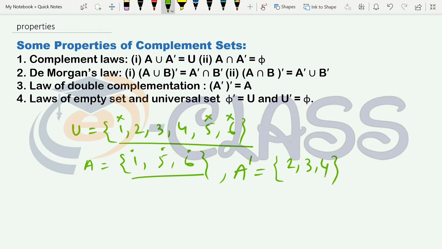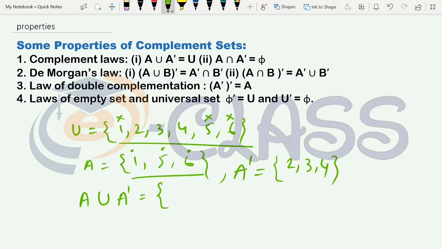Now if we solve A union A dash, first we write the common elements between A and A dash, but there are no common elements.